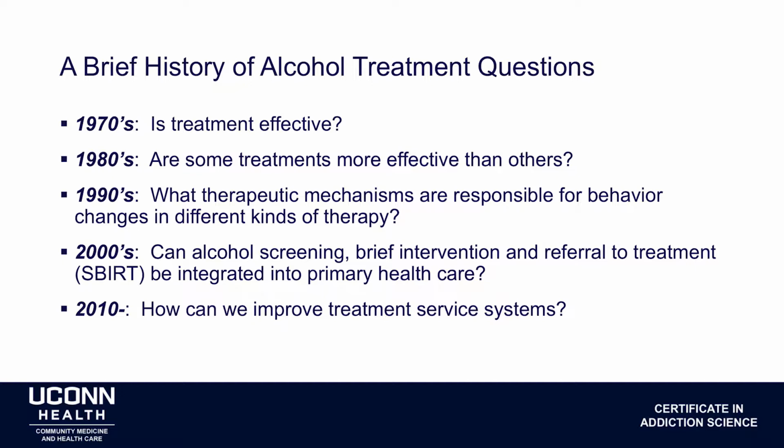In the 1980s, we started asking questions about whether one type of treatment could be found that's more effective than other types of treatment. And during this course, we're going to be talking about a lot of different types of treatment, ranging from AA-based 12-step programs to psychologically based psychotherapy programs to pharmacological interventions.